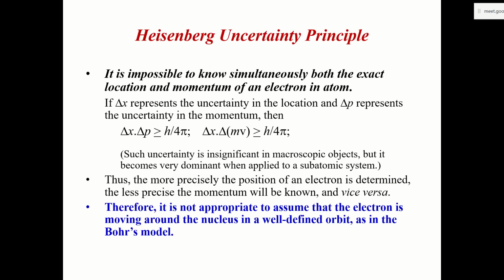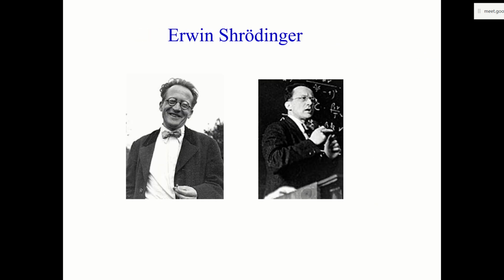So who did this? It was Erwin Schrödinger, who combined all these ideas of Heisenberg and de Broglie together and developed a new theory, which was new mechanics, the quantum mechanics, which even till today forms the basis of understanding such systems.